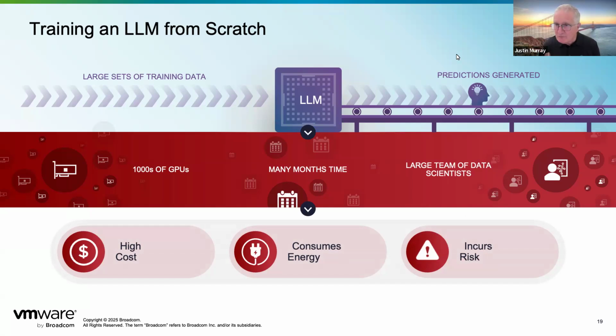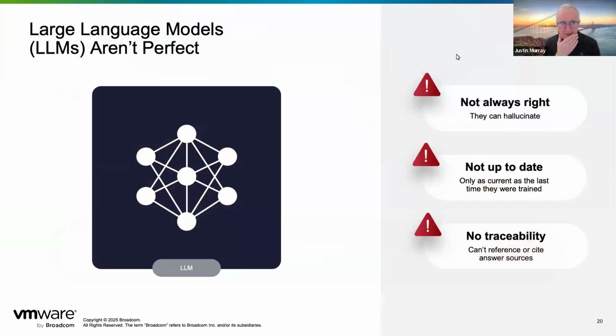We have one or two very, very large global customers that are interested in doing this, but really the retrieval augmented generation plus inference is the way we think you should go in your first experiments here. So the problem that retrieval augmented generation solves is this set of problems here. A large language model on its own, without any augmentation, without a database backing it up, can get the answers wrong.